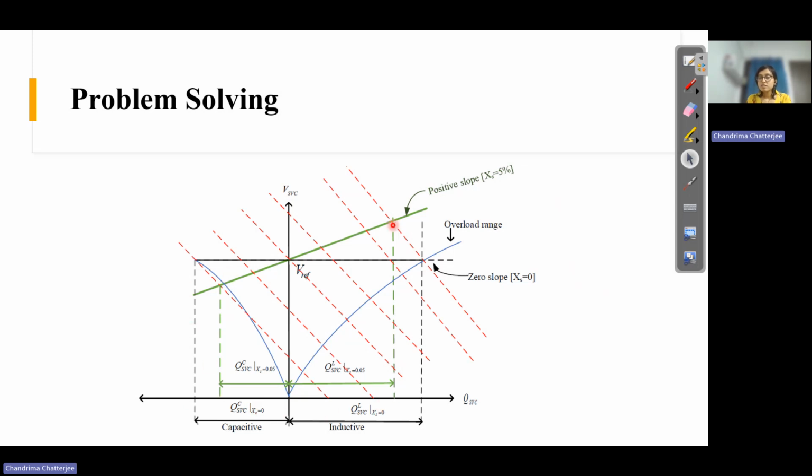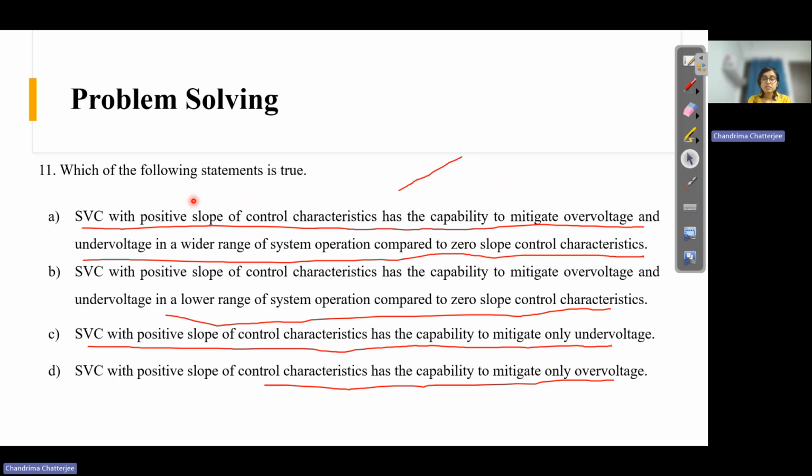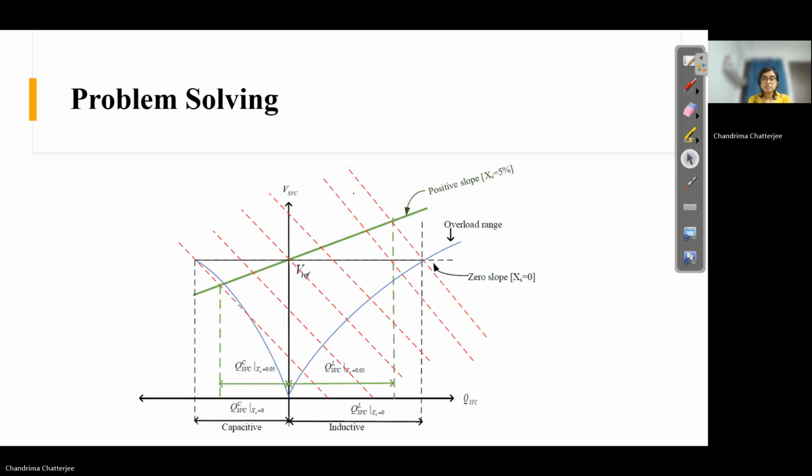So you can compensate for a wider range. This much is the extra range you get, this much here and this much here, if you provide a positive slope. So the correct option will be option A.